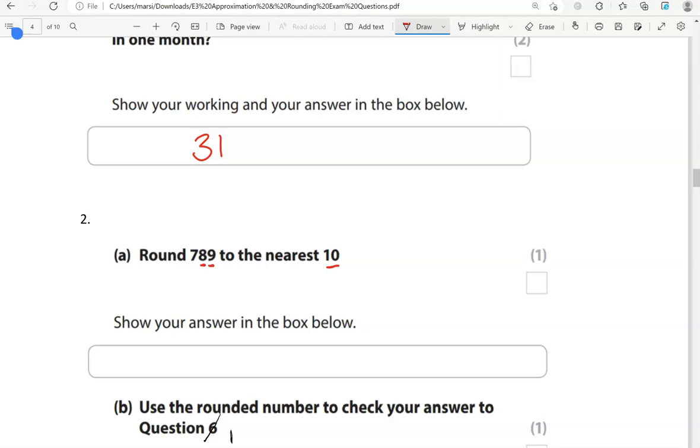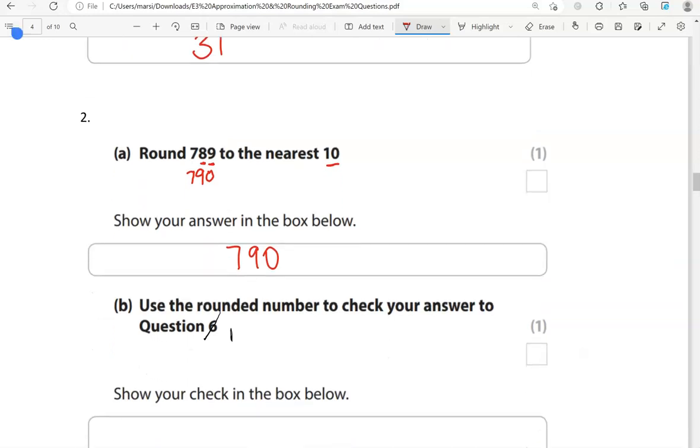Looking at the digit on the right next to the 8, that's a 9. So we're going to round up. So the 8 will become 9. The digit in front will remain the same, and the digits after become zeros. So 790 is the answer.